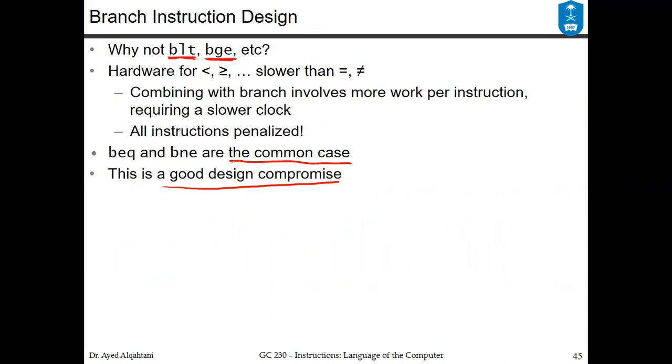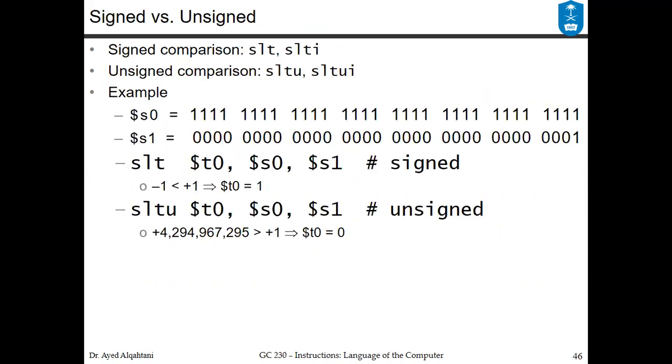Now, signed versus unsigned numbers is very important in the set less than, since you are comparing if they are less than or not. So let's say that you have S0 and S1. S0 is all ones, and S1 is all zeros.